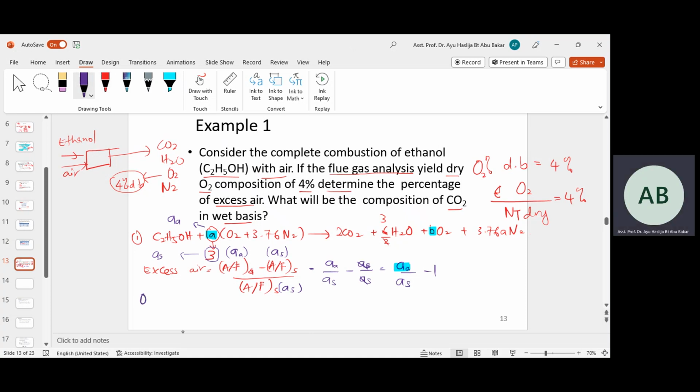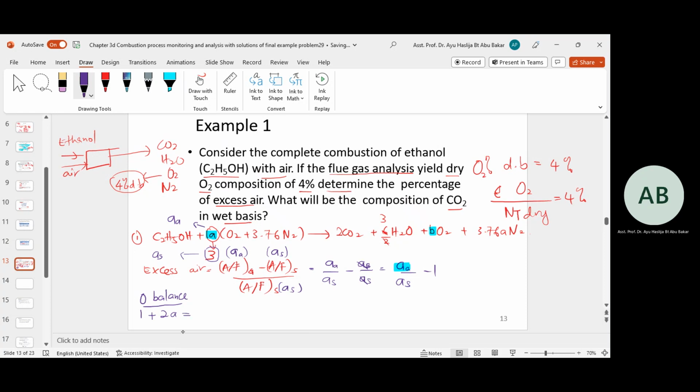Okay? Try to do the O balance. You will have the first equation.